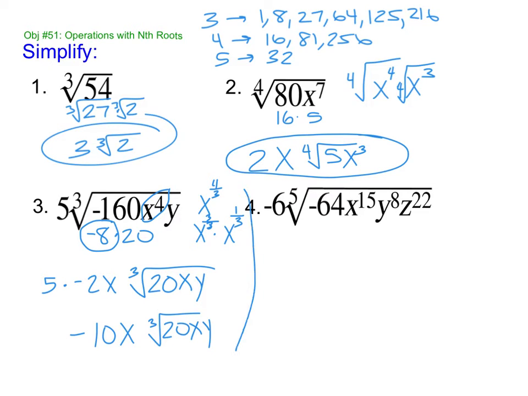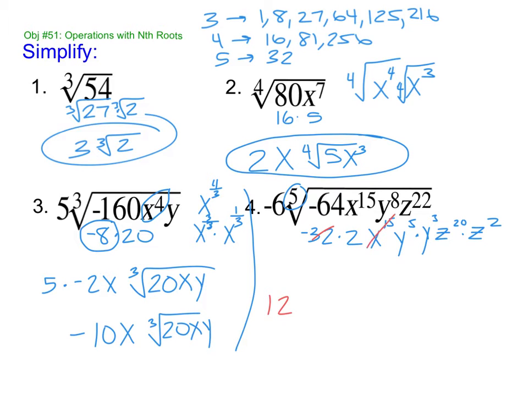All right, last one. 64, that's a negative 32 times 2. X to the 15th. Y to the 5th, y to the 3rd. We need multiples of 5 since it's a 5th root. Z to the 20th, z squared. So the 5th root of negative 32 is negative 2. Negative 2 and negative 6 is 12.